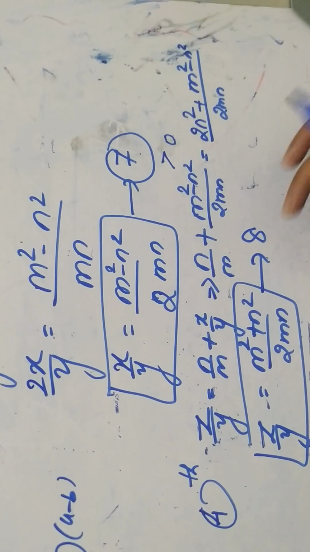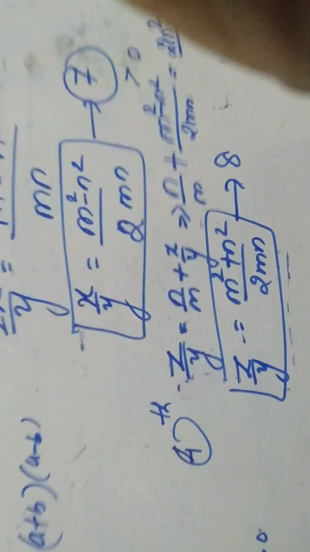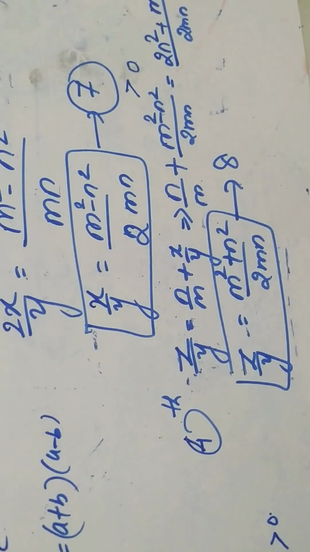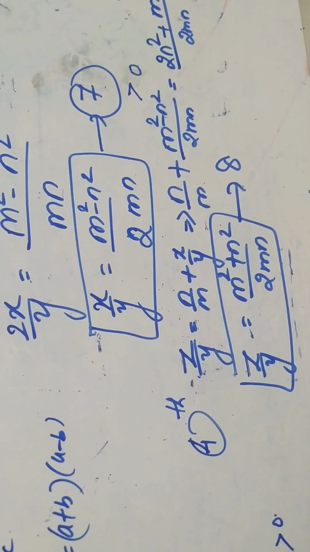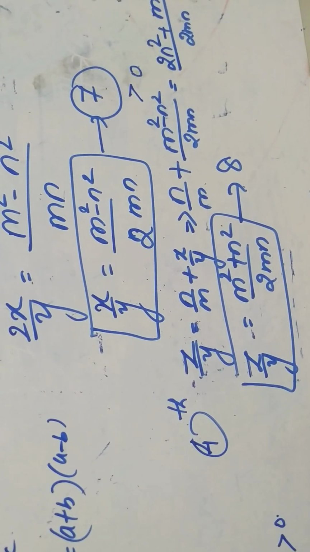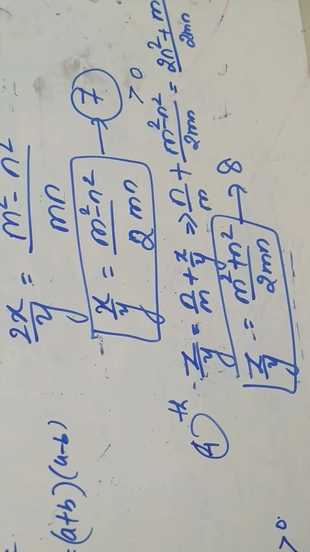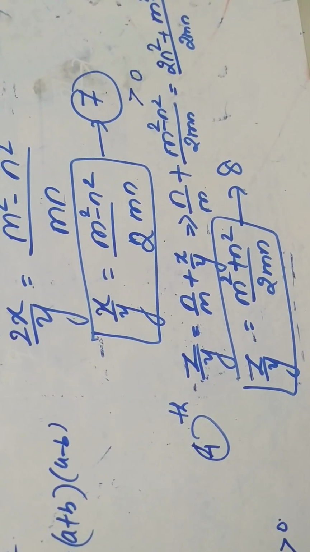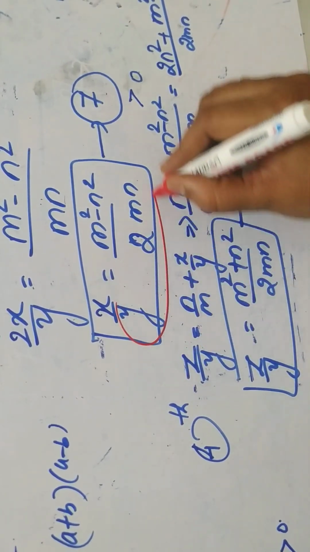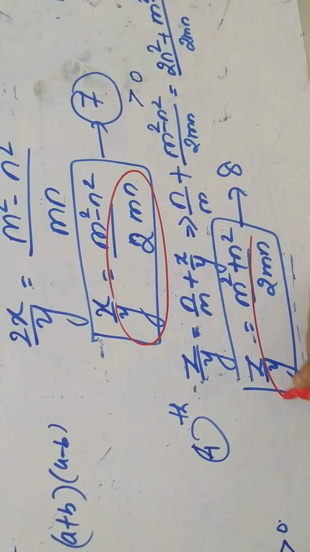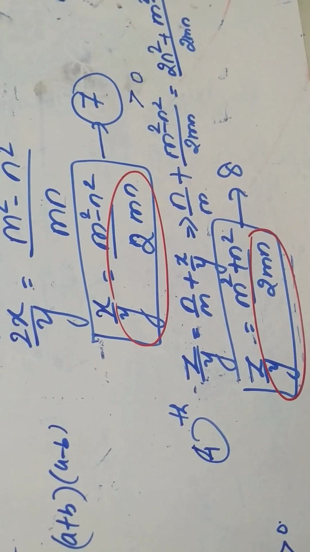Now compare between equation 7 and equation 8. What we observe? The value of y. You can see that the value of y in both the expression remains the same. So what is the value then?